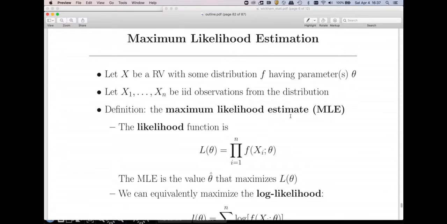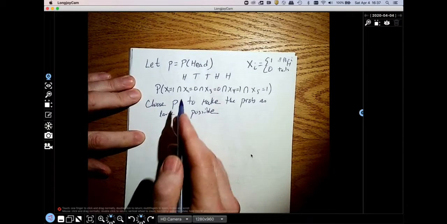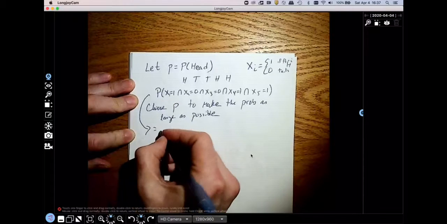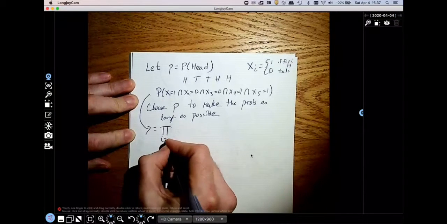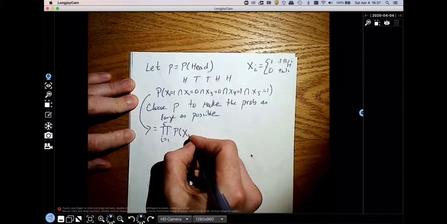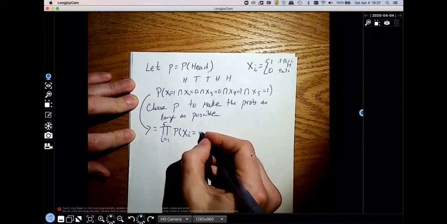So the maximum likelihood estimator defines the likelihood, which, since my observations are independent, is just going to be the product of each of my individual cases. In the case of a discrete distribution, this is just going to be the product from i equals 1 to 5 of the probability of x sub i equaling whatever value I've observed, little x sub i.